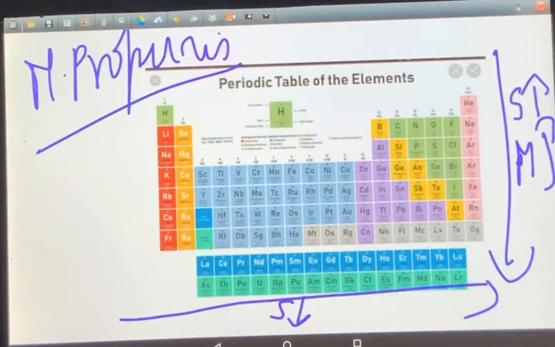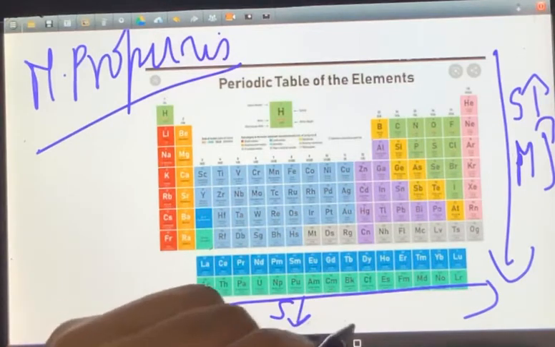Converse for left to right in the period. Left to right in the period, size is decreasing, and if size is decreasing, the nuclear force on electrons will be increasing. That you understand very well by now, we have explained it. And because of that, the tendency to lose electrons will be very, very weak, and as the tendency to lose electrons will be weak, the metallic character will decrease.